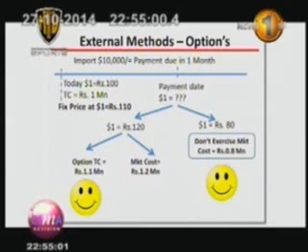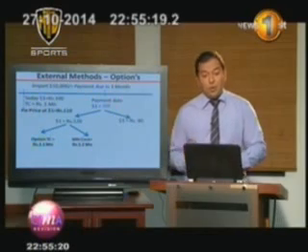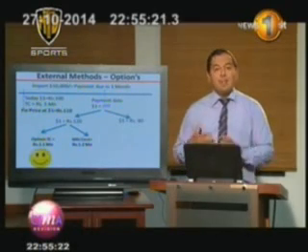If the dollar goes up to 120, if you exercise your options, your total LKR cost would be 1.1 million. Whereas if you were to purchase these dollars on the market, your total cost would be 1.2 million rupees. So therefore, it makes more sense for you to exercise your option and you are a happy person.